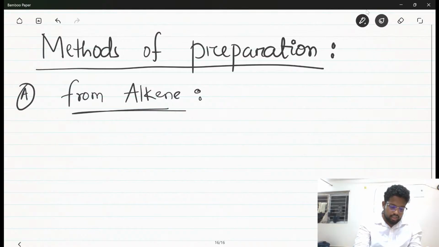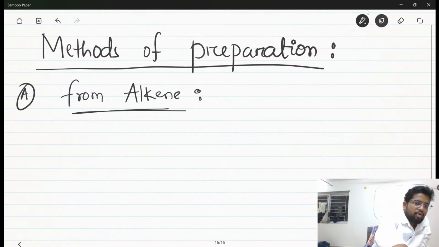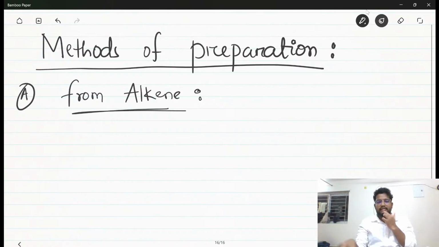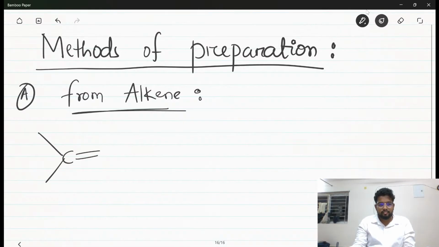Alkene means we have C double bond C. So listen, how to deal with alkenes. This is which type of alkene? Symmetrical alkene. In this symmetrical alkene, you can do ozonolysis.